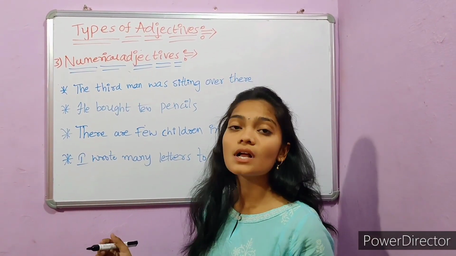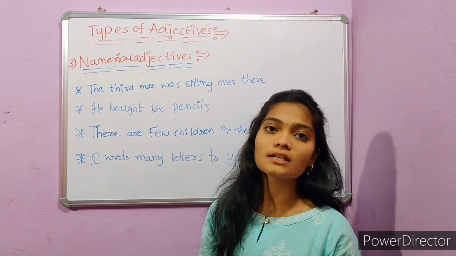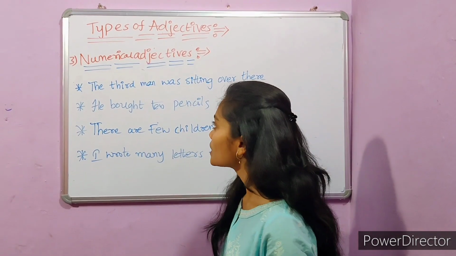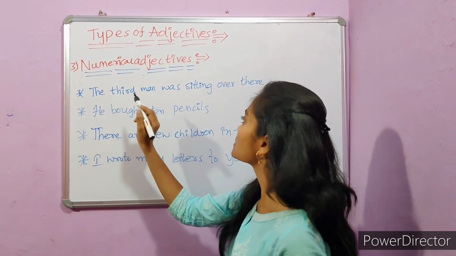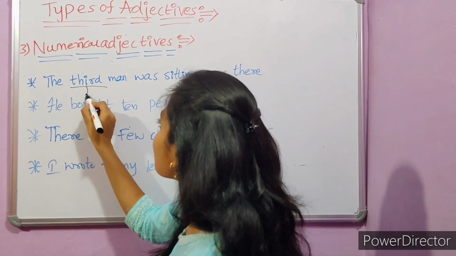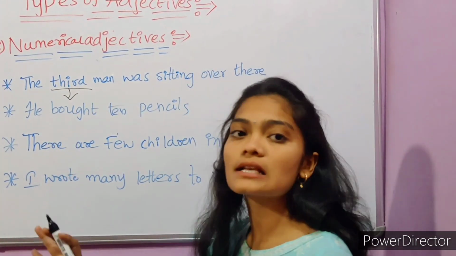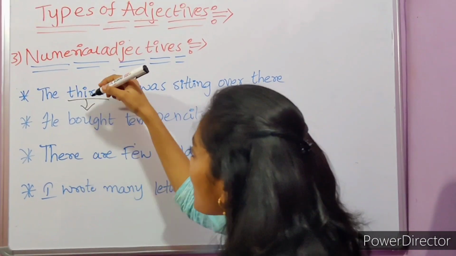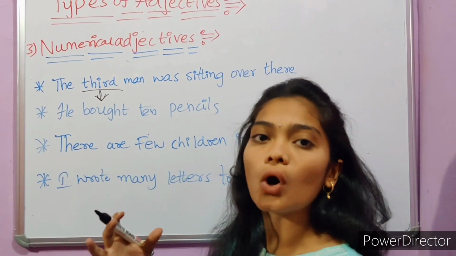Various examples related to definite and indefinite numerical adjectives. In the first sentence, the third man was sitting over there. It gives the exact number. That means it specifies the order.